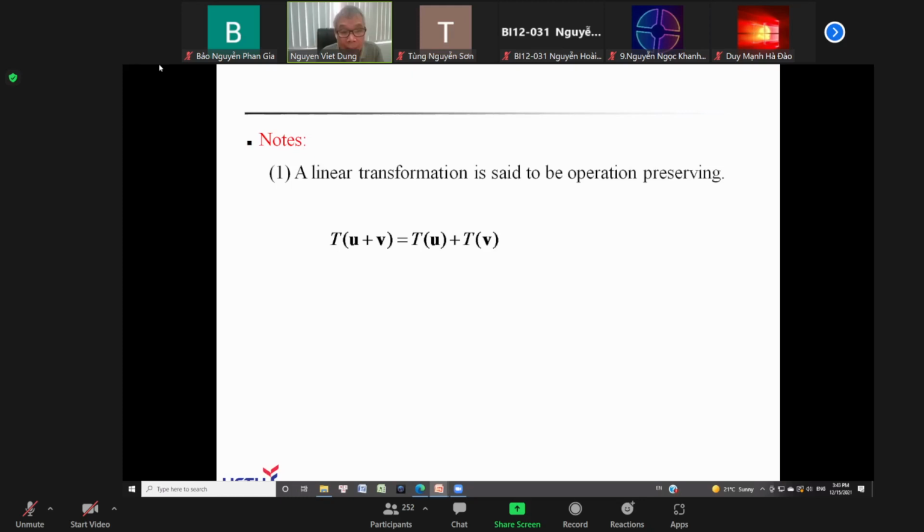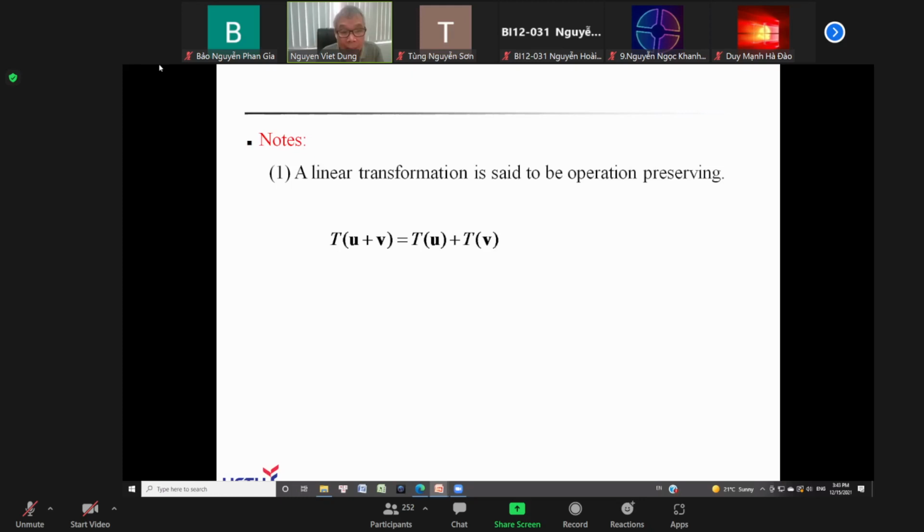We have two operations on different vector spaces with the same name, that is vector addition. Similarly, for scalar multiplication we have the same thing. Here you have a scalar multiplication in V, and here is a scalar multiplication in W. So you see, a linear transformation always preserves the operations of the vector spaces.